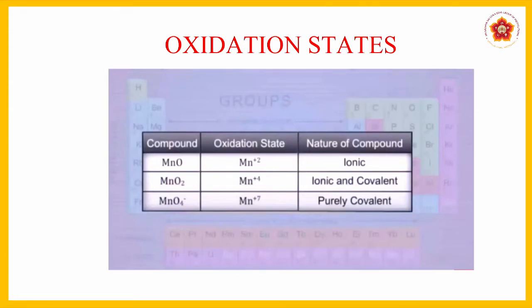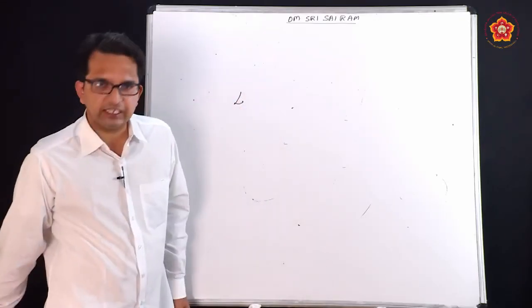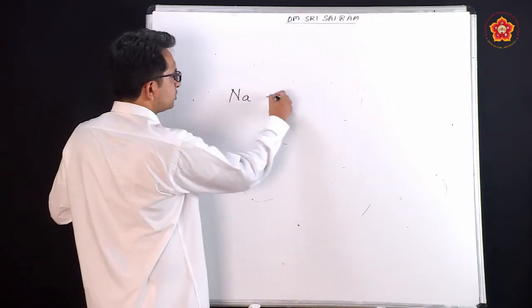Now why is this so? This is something that is seen practically, but theoretically, utilizing the chemical concepts, we need to understand why the smaller oxidation states are ionic and larger ones are covalent. Let us see some concepts regarding our simple elements like carbon, oxygen and other cases. If you remember, we had compounds in the S block and P block elements where sodium would like to lose away 1 electron.